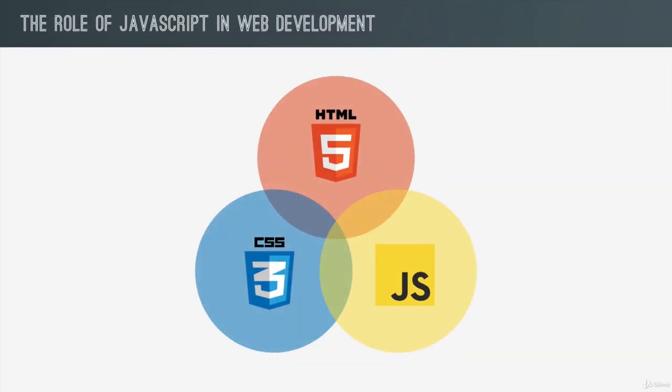So I mentioned that together with HTML and CSS, JavaScript is one of the core technologies of the web. And so let's go a bit deeper into that and talk about the role of JavaScript in web development. So HTML, CSS, and JavaScript all work together to create beautiful, interactive, and dynamic websites or web applications. Now, the HTML is responsible for the content of the page. So the text, the images, the buttons, and all the content that you see on a web page is always written in HTML.